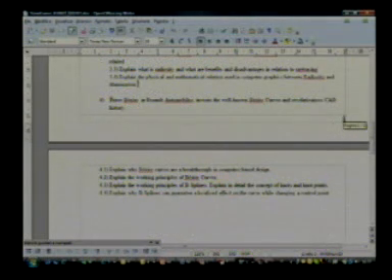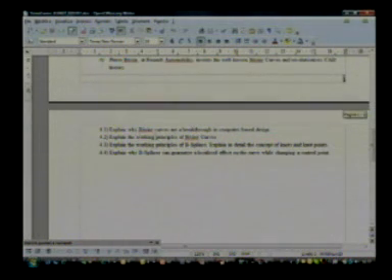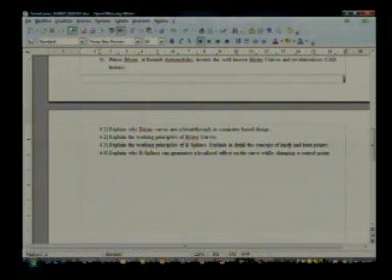There are a little bit more complicated questions. This one is about Bezier curves. Explain why Bezier curves are very interesting, are a breakthrough, a revolution in computer-based design. That's because it's the first time in the history of computer graphics that you can draw a curve without knowing its equation.